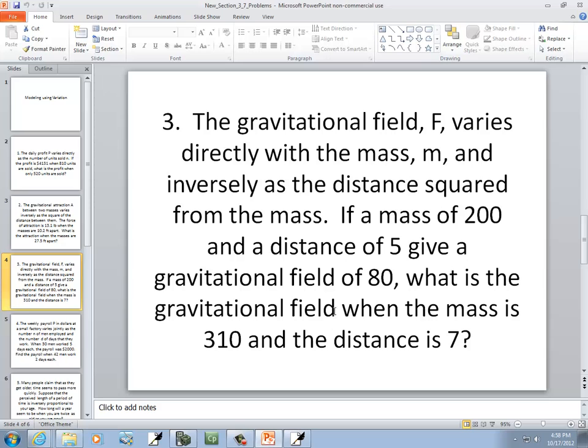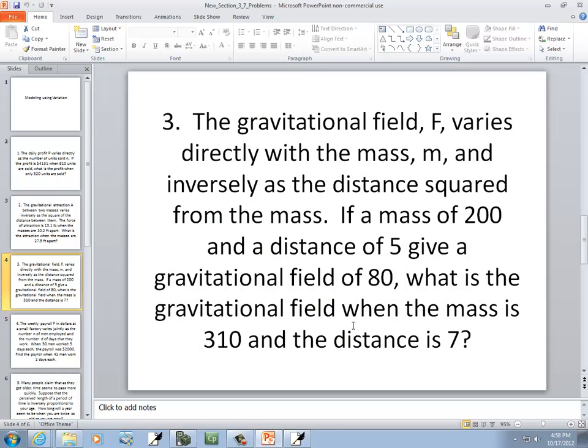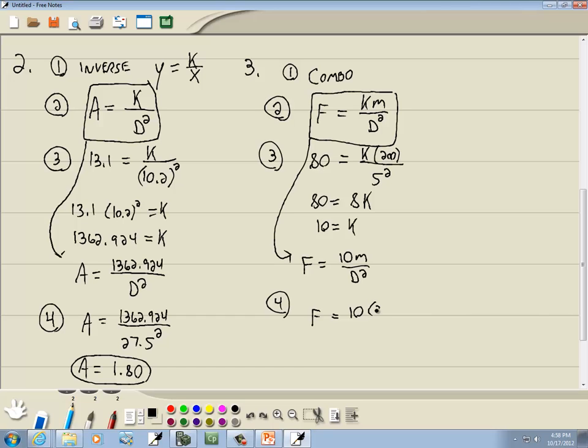And step 4, find what they really want. It says, what is the gravitational field? So what is F? When the mass is 310, so m is 310, and the distance is 7. So we'll put 7 in for d, and we got 7 squared down there.